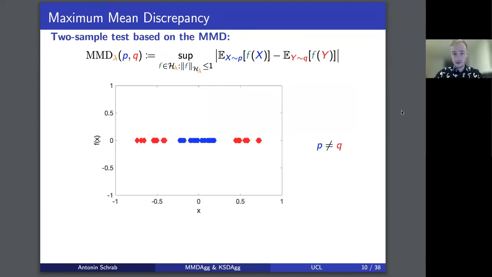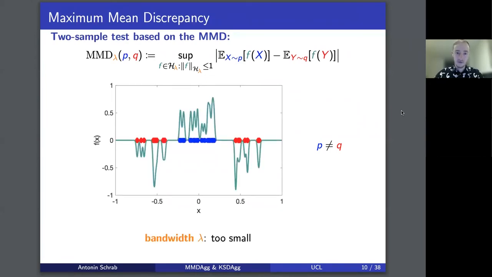As an illustration, suppose we have some samples where P is different from Q, and we compute this witness function f. It can be shown that the witness function f is essentially a sum of kernels centered at all our points. Here we can see the kernel, and because we have many points, the kernel gets bigger.